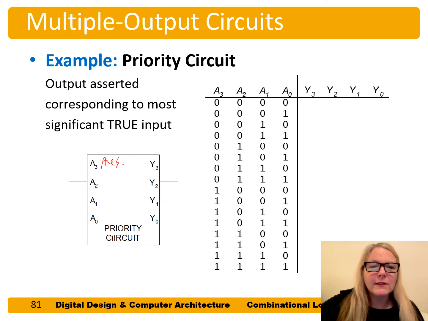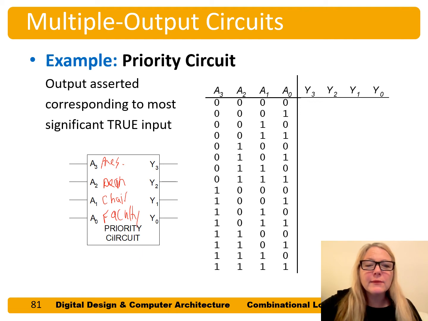And then maybe there's the college dean, then the department chair, and lowest priority is perhaps the faculty member. If the president requests use of the auditorium, his or her output, Y3, is going to assert, saying, yep, you get use of the room. So if A3 requests it, Y3 is going to assert.